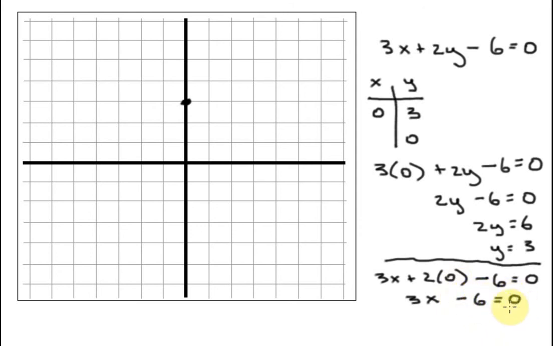I'm going to add 6 to the other side. So 3x equals positive 6. Then I'm going to divide by 3. 6 divided by 3 is 2. So that's now my x-intercept. It is at 2, 0. So I'm going to plot that point, and my line goes through these 2 points.